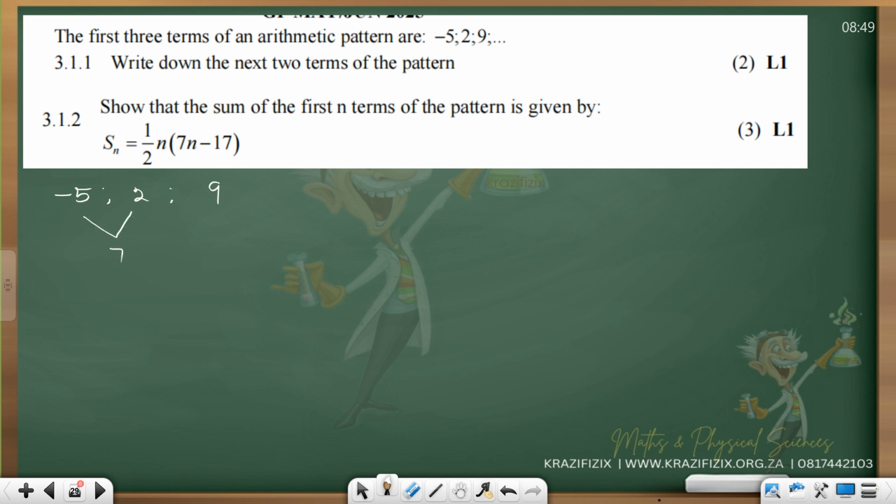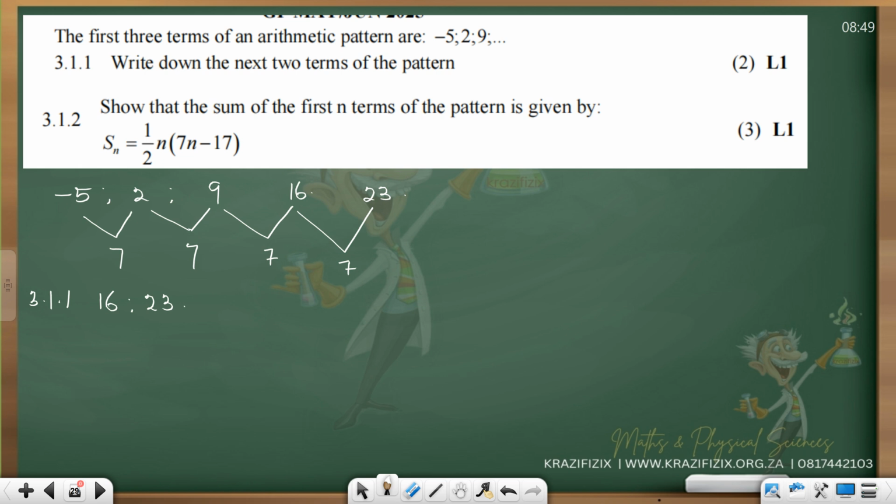What's the difference? It's actually 7, 2 minus -5. So for the next two terms, we should add 7. If we add 7, we get 16. If we add 7 again, 23. So 3.1.1, my answer is 16.